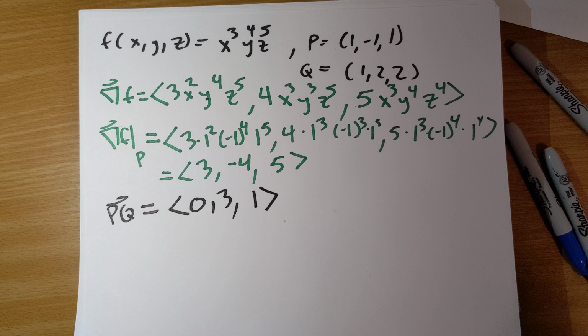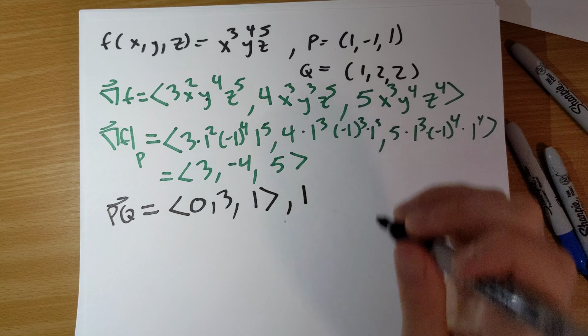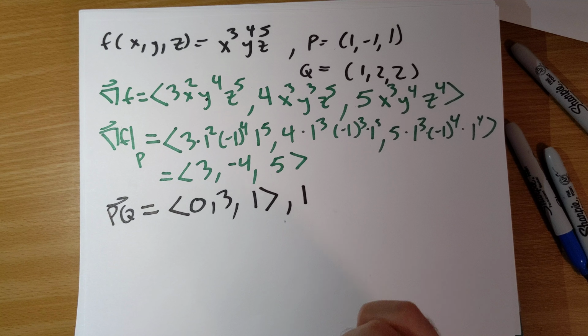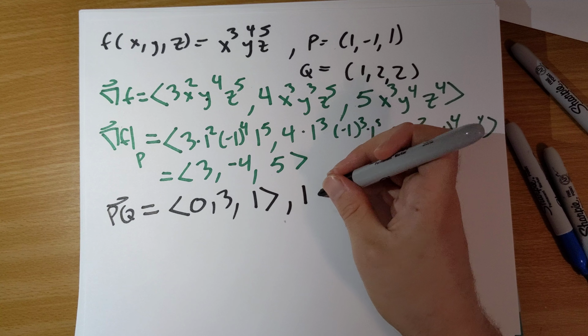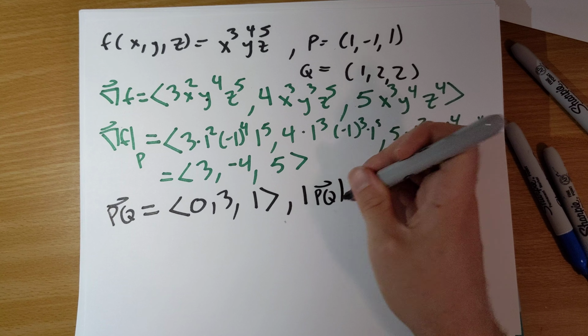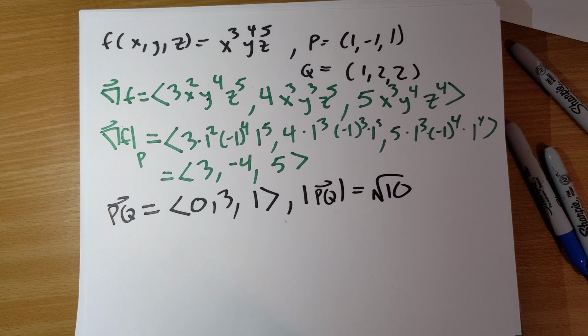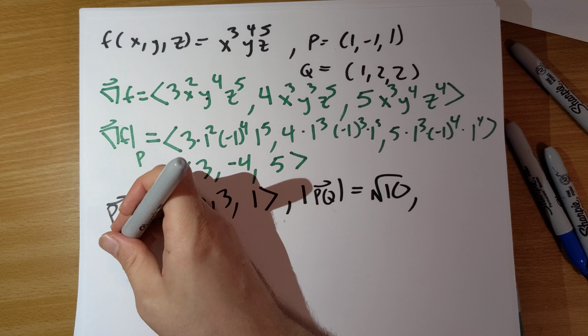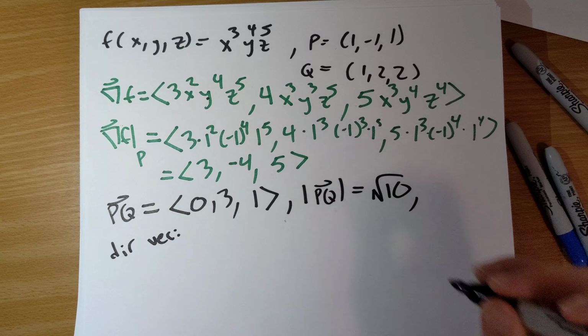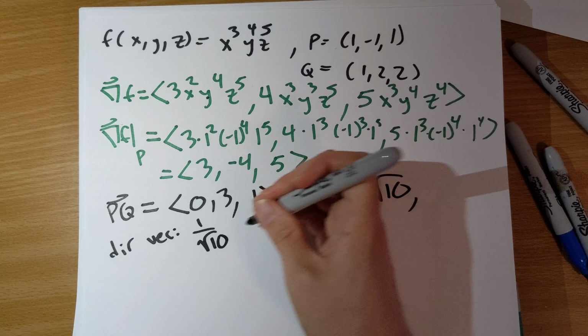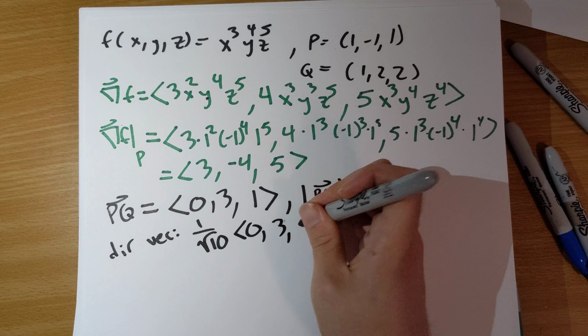So that is a vector going from P to Q. Now, the thing to realize here is that this is not a unit vector. The magnitude of PQ is going to be square root 10. Check that for yourself. So our direction vector is going to be 1 over square root 10 times (0, 3, 1).